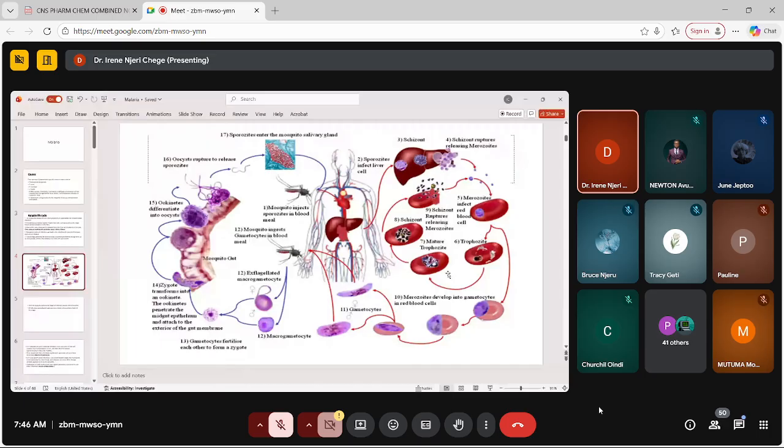For P. malariae, the erythrocytic schizogony, in this part between number 3 and number 10 inside the human being, the fever occurs every 72 hours, every 3 days. In P. vivax and P. ovale, every 48 hours. So the type of parasite will affect the presentation of signs and symptoms.